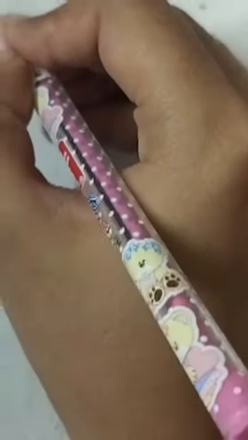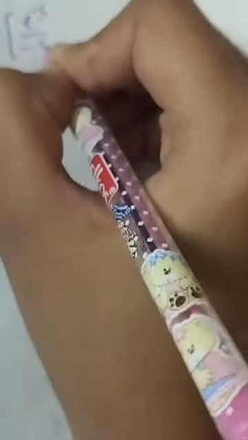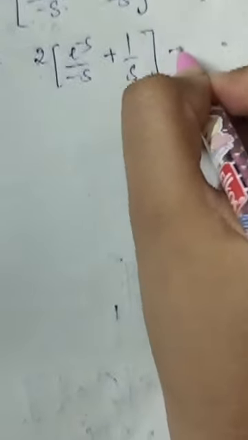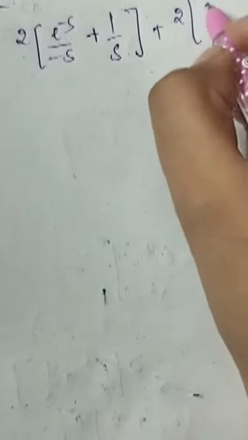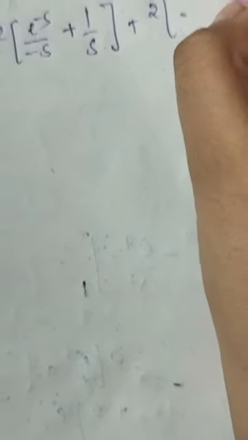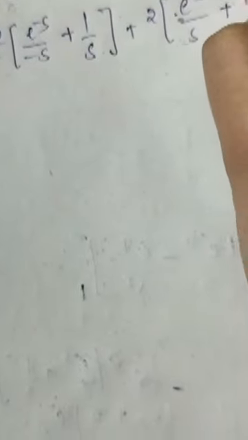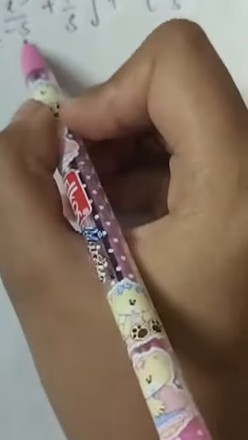So yeah, now e power minus s by minus, plus 1 by s, plus 2 into, now it is minus into minus, we will get plus e power minus s by s, plus e power minus s by s square. Okay, now from this I will be taking s common.